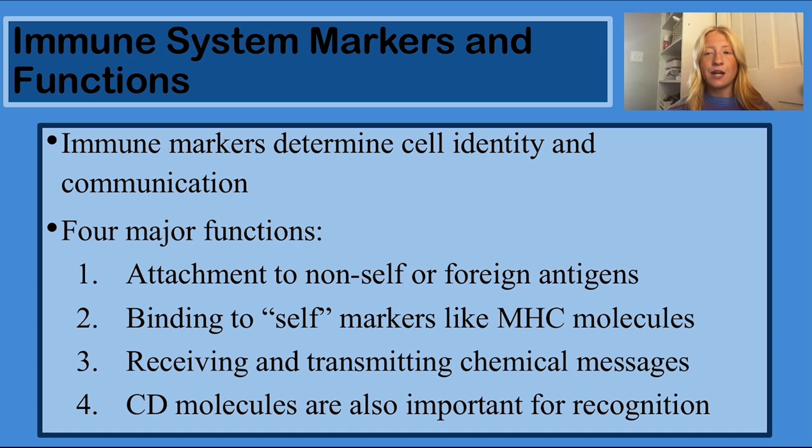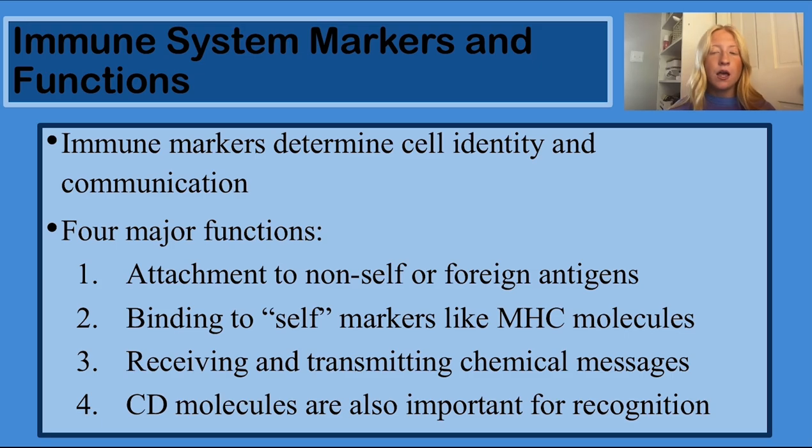First, they attach to foreign antigens, and then they bind to self markers like MHC molecules to avoid attacking their own cells. Third, they transmit signals to coordinate immune responses. And fourth, they help in cellular development. So they guide cells to mature and perform their specific roles.